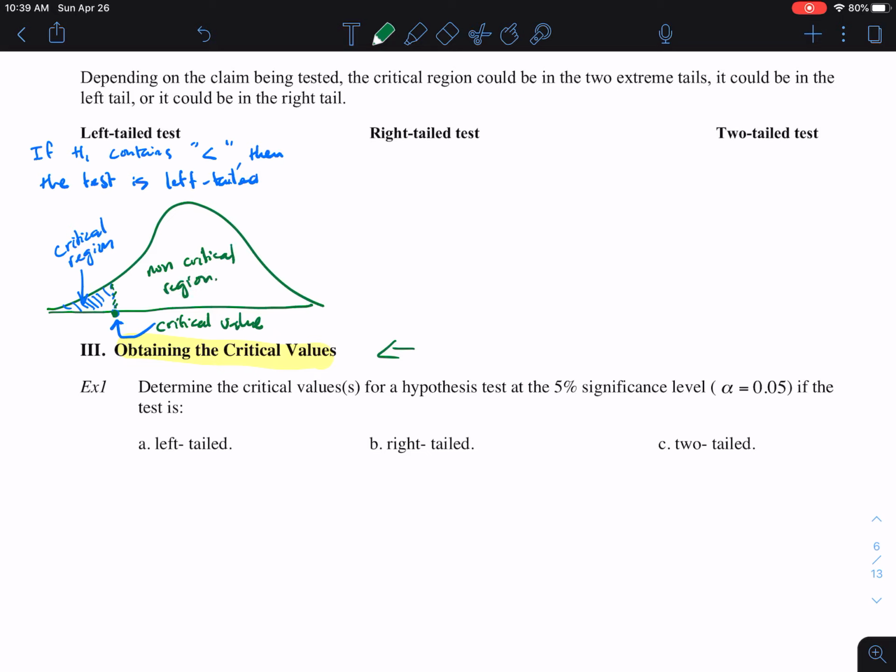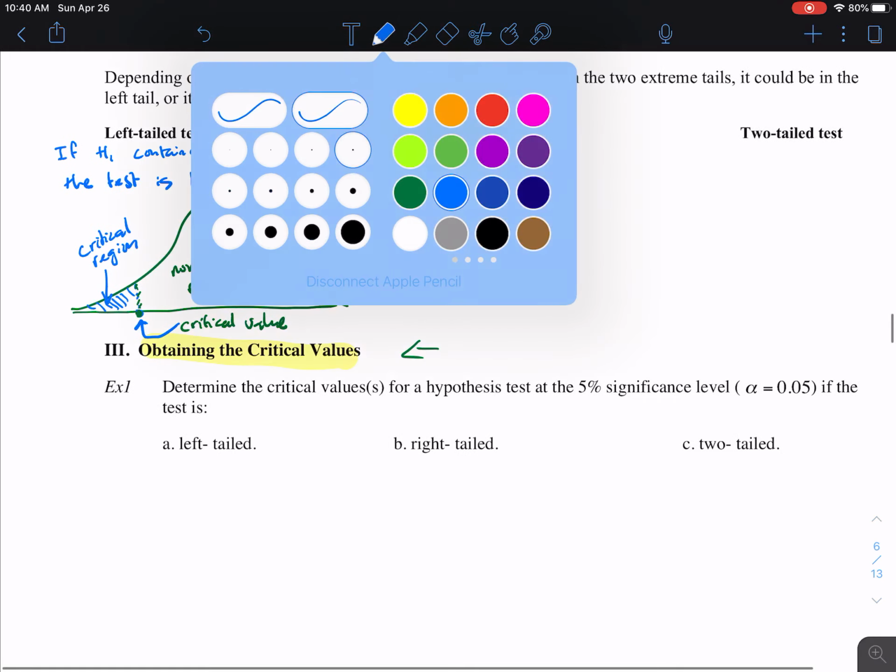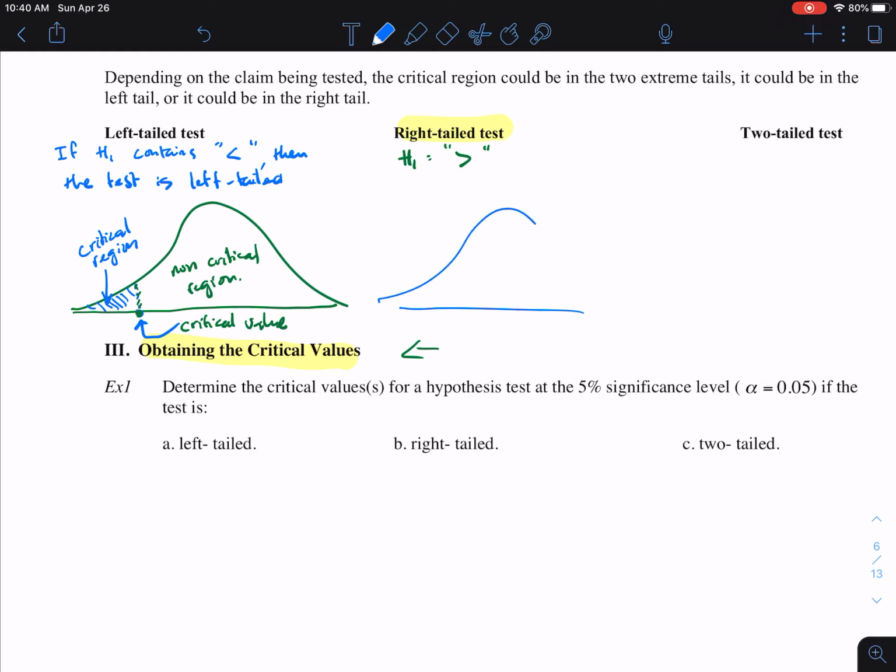Okay, what about a right tail test? What does it mean to have a right tail test? Well, it means that if our alternative hypothesis includes a greater than inequality, then we have a right tail test. And the critical region will be on the right side of the graph.